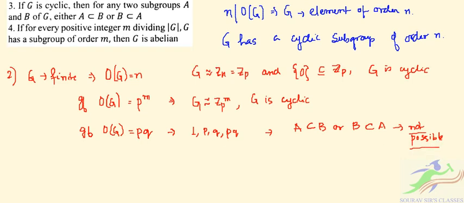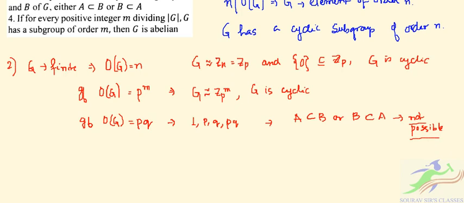Now option 3 says G is cyclic, then for any two subgroups A and B of G, either A is a proper subset of B or B is a proper subset of A. Let's check option 3.